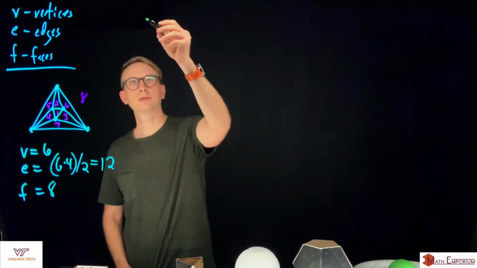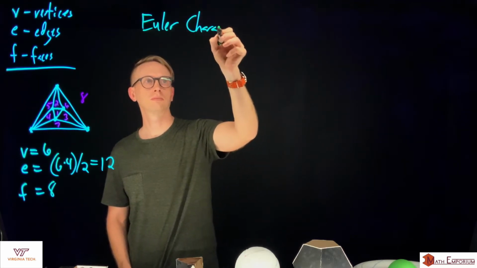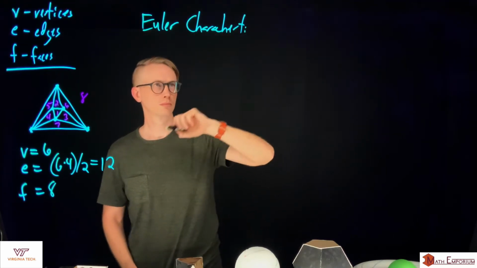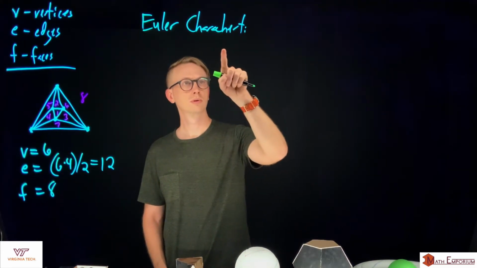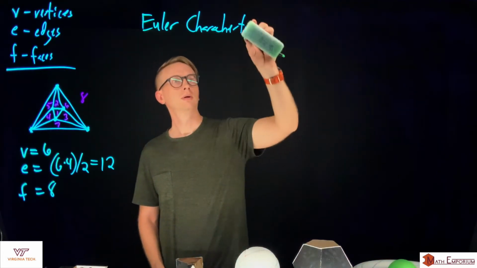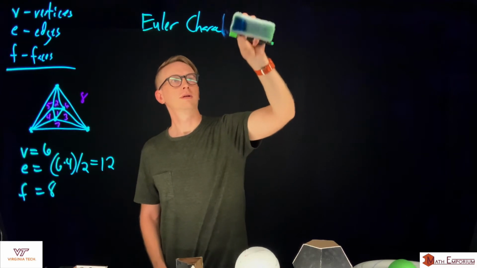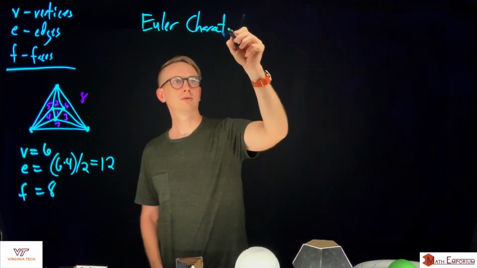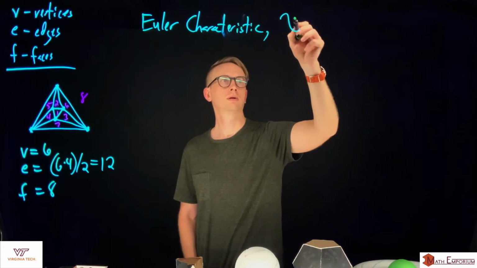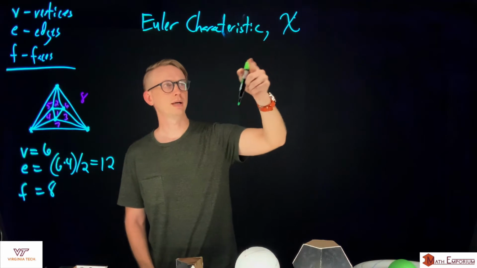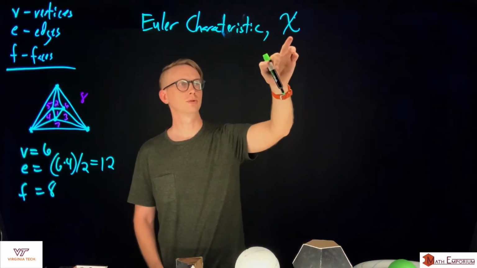All right, so the Euler characteristic is where we want to start looking. And this is not an X. This is a chi, C-H-I, chi, and that's why the characteristic goes with this.